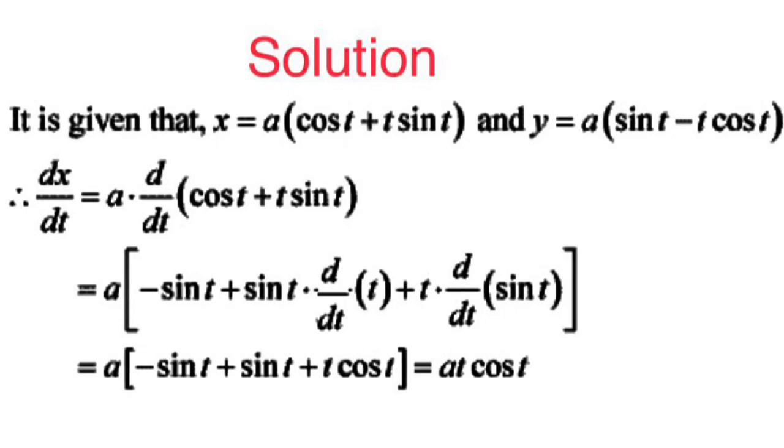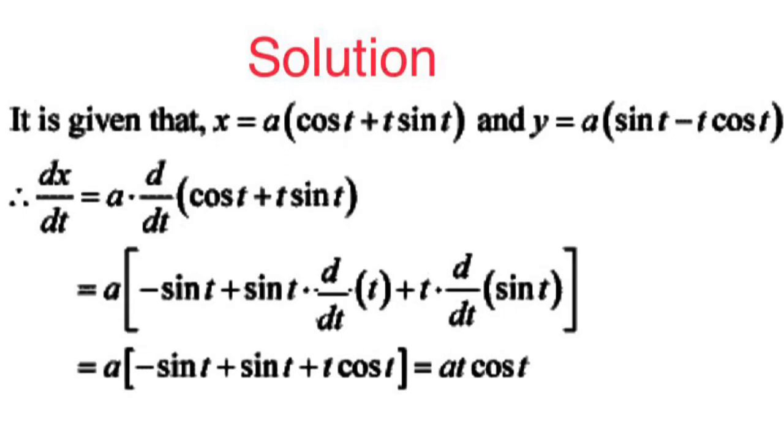So in this we will apply the u into v rule. So we will get t into derivative of sin t plus sin t into derivative of t. So we will get a into, in the bracket, minus sin t plus t into derivative of sin t is cos t plus sin t into derivative of t is 1.